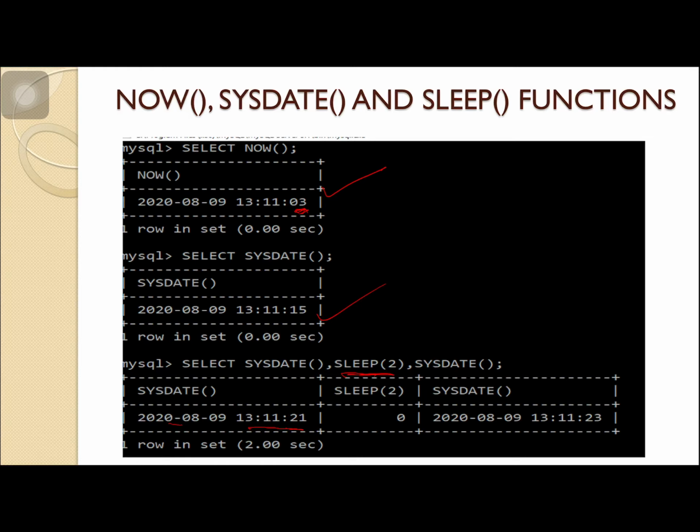Look here, at first I have given the command select now. It shows the current date and time. Then I gave the command select sysdate. It shows the current date and time. Now I have given the third command: select sysdate, then sleep for 2 seconds, and then again sysdate.